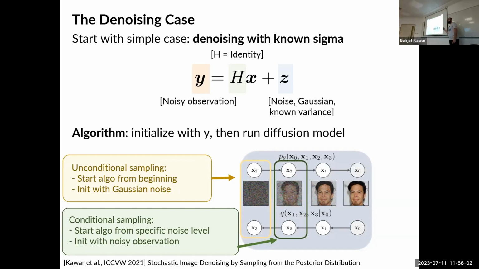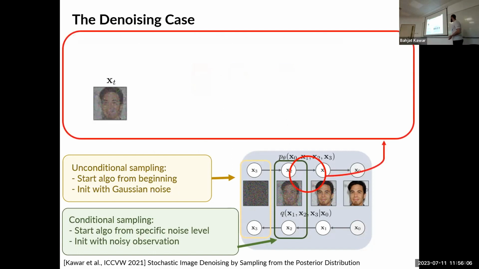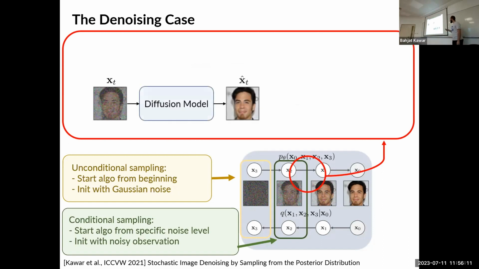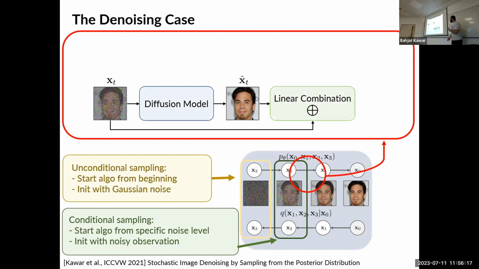And we're going to take that into account when defining our reverse process, the denoising algorithm. So it's not just going to follow the regular diffusion update rule, which usually went like this. You start with our current image, xt, pass it through our denoising diffusion model, get the current prediction at time t. And then we add some noise back, some of the noise that existed in xt and some additional random noise. That's how diffusion model update rules work. You have your linear combination with different scalars.